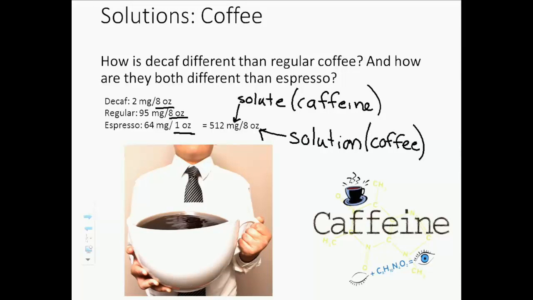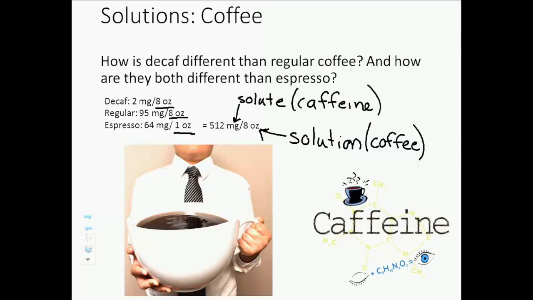What if I classified my decaf as 2 mgs per 8 ounces, and somebody else classified their decaf as 512 milligrams per 8 ounces? We wouldn't have a standard to compare, and so you may wake up one morning really hyper, and another morning you may still be a little bit tired. Okay? So concentrations just really allow us to explain what's happening in a solution.